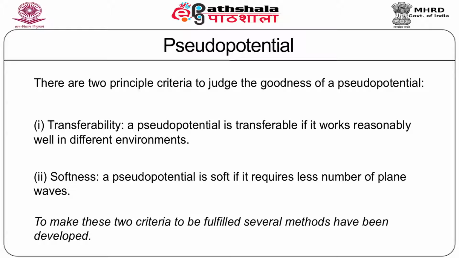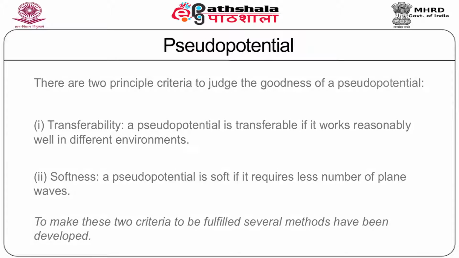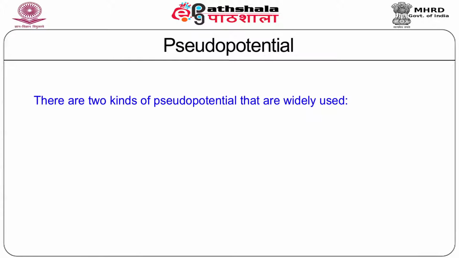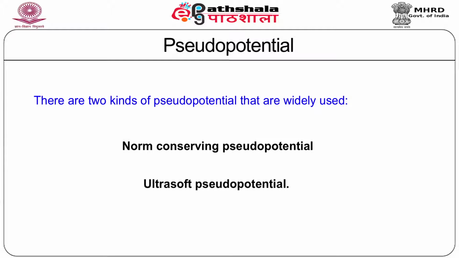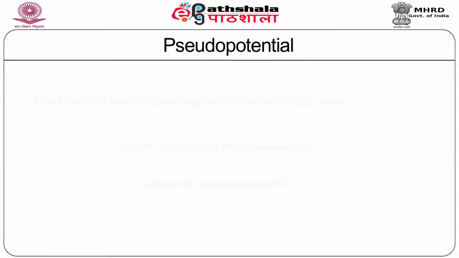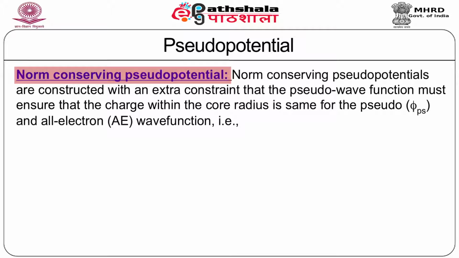To make these two criteria fulfilled, several methods have been developed. There are two kinds of pseudopotential that are widely used, namely the norm-conserving pseudopotential and the ultra-soft pseudopotential. Let us first discuss the norm-conserving pseudopotential.